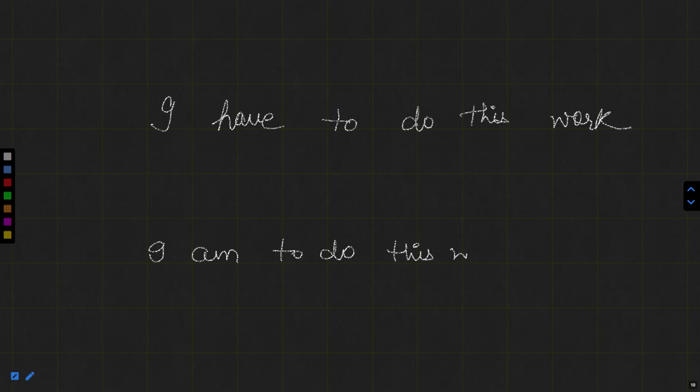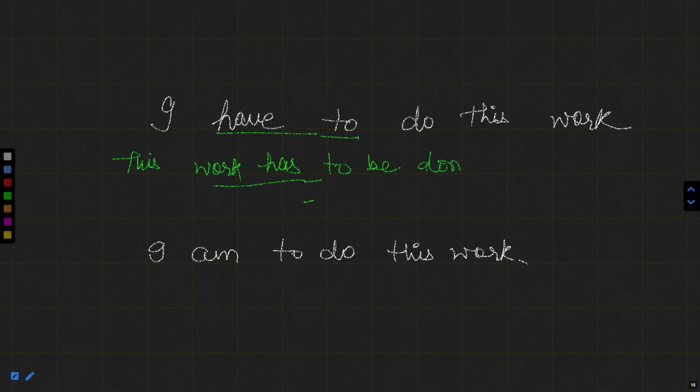Now if we want to convert this sentence into passive voice, what happens here? The structure will be like this work. Now the sentence is in present tense, so we should write this work has. Here have to is written, but according to subject verb agreement, it will convert into has to. This work has to be done, because we need the verb third form. So to be done by me.